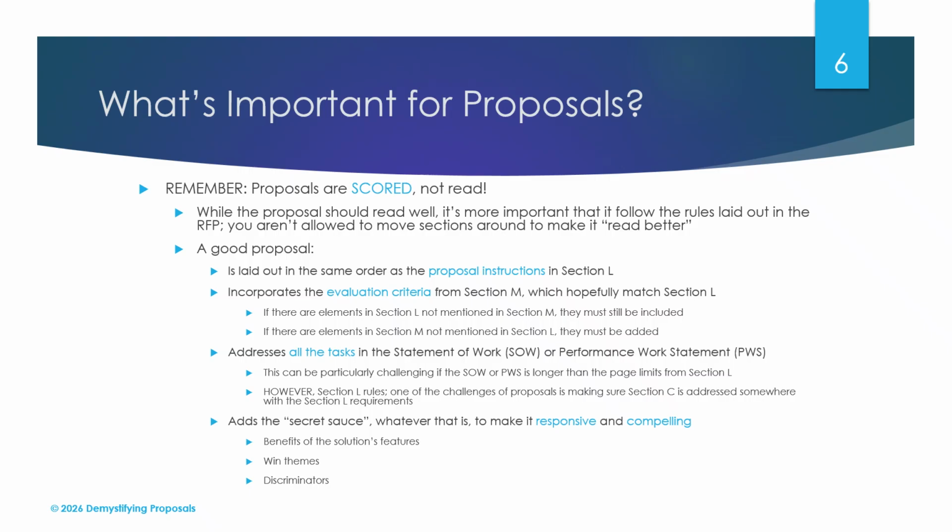One of the challenges of proposals is making sure Section C is addressed somewhere within the Section L requirements. And then the last thing a good proposal has to do is add the secret sauce, whatever that is, to make it responsive and compelling.